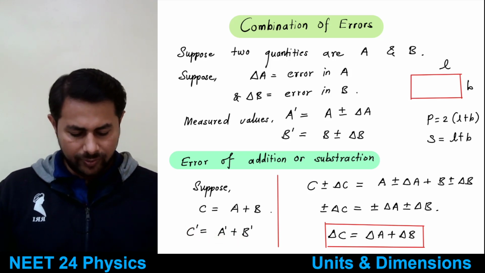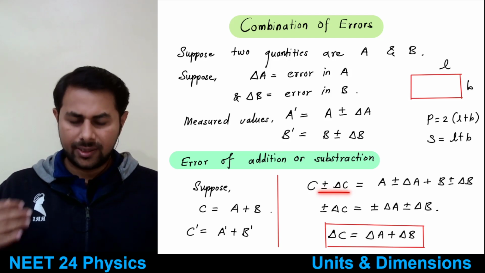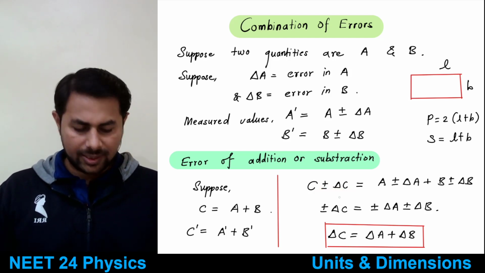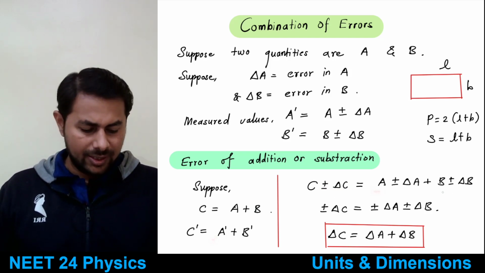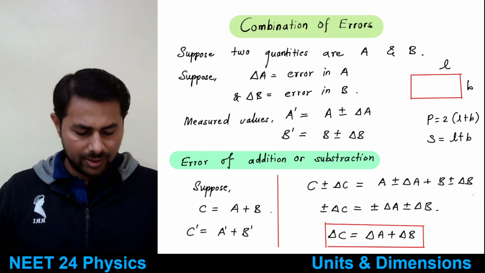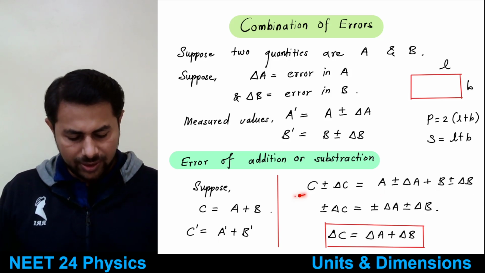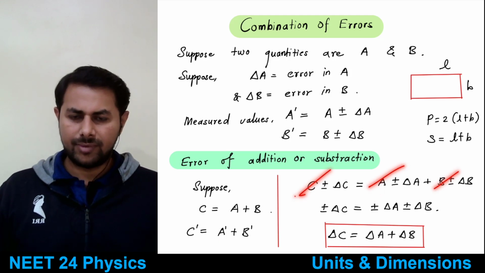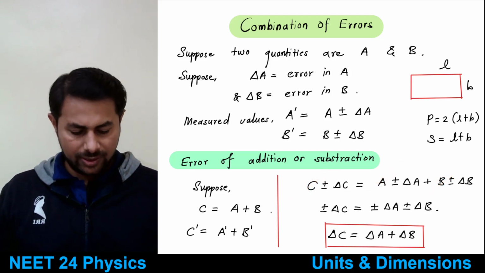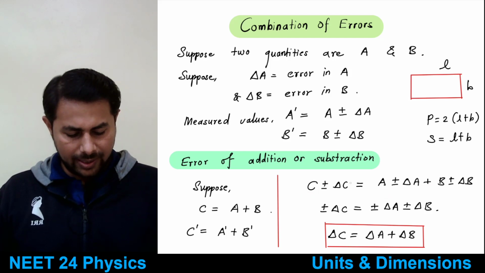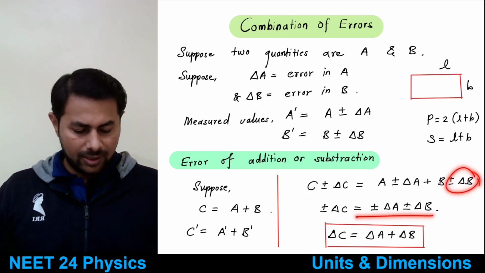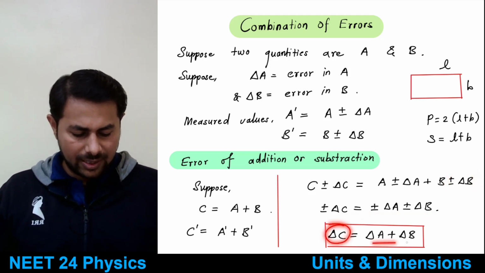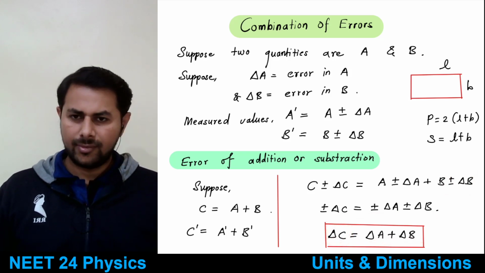Then you write C dash as C plus minus delta C, and you put A dash as A plus minus delta A, B dash as B plus minus delta B. Then you just cancel out the C with A plus B, because C is equal to A plus B, and then you get plus minus delta C is equal to plus minus delta A plus minus delta B, okay. And therefore what is delta C? It is delta A plus delta B, right.